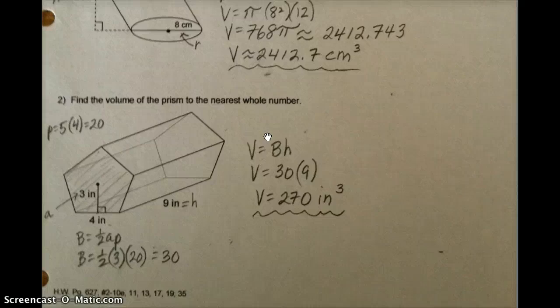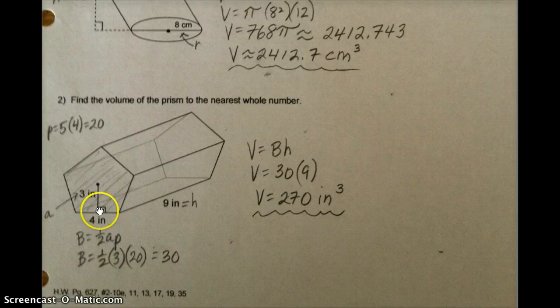This last example we're going to go through is to find the volume of the prism to the nearest whole number. Keeping that in mind, we need to find the area of the base. That's our big B here, the area of the base. This is a pentagon, so we need to remember from last chapter that to find the area of a polygon, we use 1/2 the apothem times the perimeter.